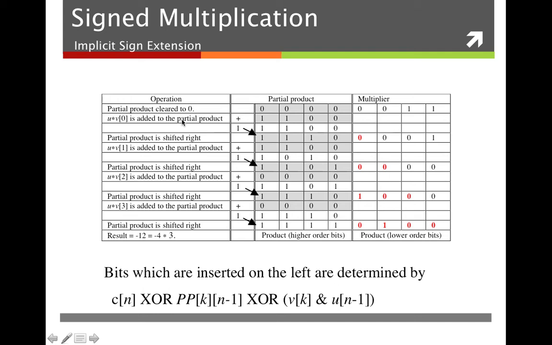So ultimately, what we need to do here is to figure out exactly what kind of bit will be computed when we add these numbers together. Initially, for example, the partial product is 0 with leading bits of 0, so there is a hidden 0 here, and for this particular multiplicand, which is sign extended, there's a 1 in here.